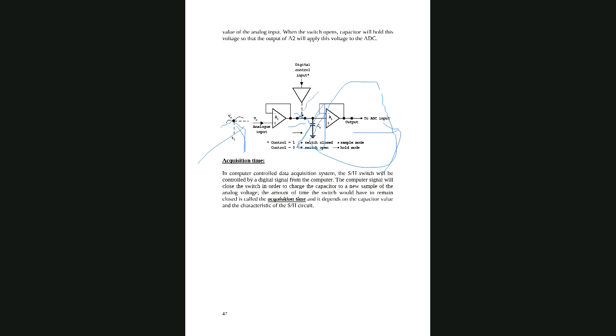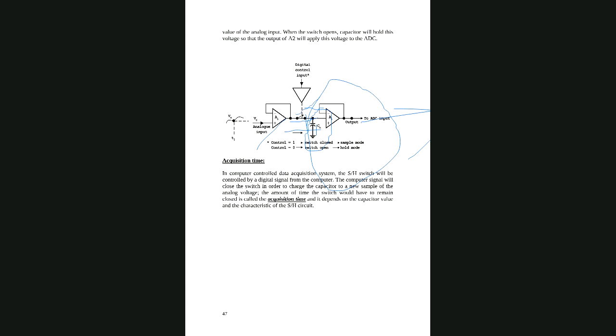It means no other input can go inside unless it has finished converting this input. When the conversion is finished, this will be closed again, and then the next input will go here. The capacitor will charge, meaning it will hold it for some time. It will go to the ADC and be converted, and again the switch will be open, so no other input can go.